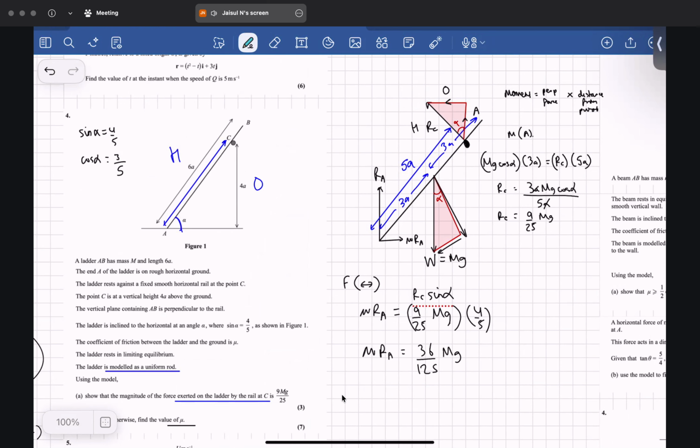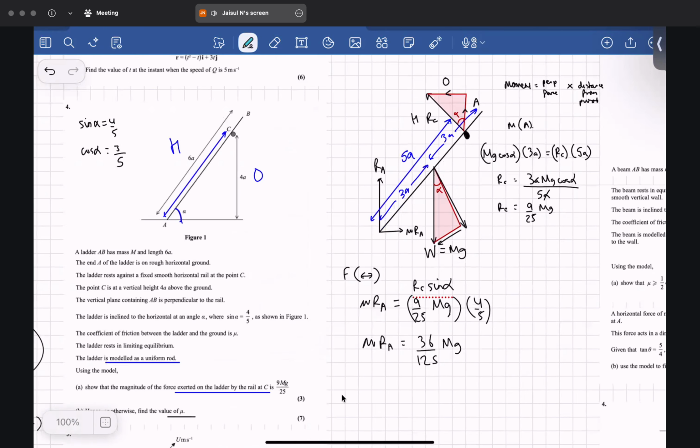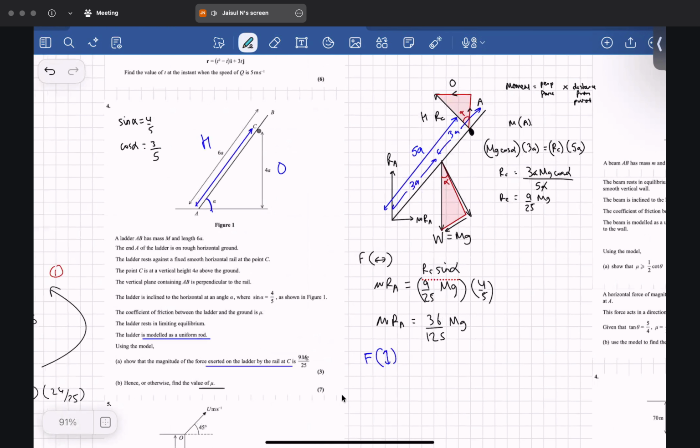And then we can work out mu by dividing this by RA. The problem is we don't know RA. So then what do we do? The third option was to do forces up and down. Going up, I have RC cos alpha and RA, and going down, I have mg. I know RC from part A. Remember, if you couldn't do part A, you could still use the answer and carry on.